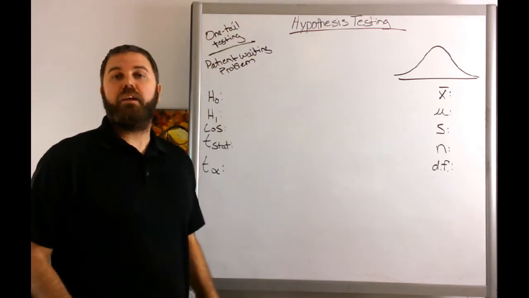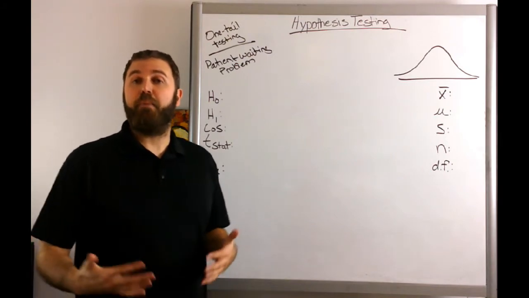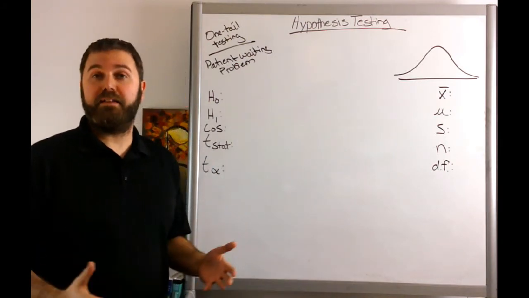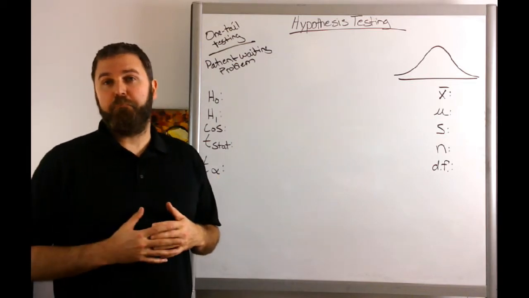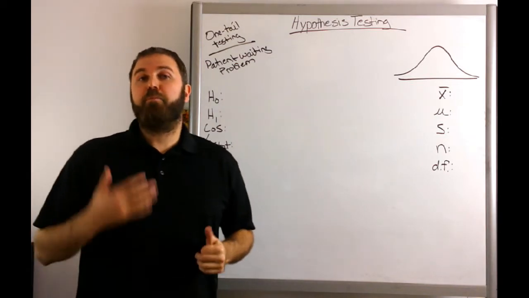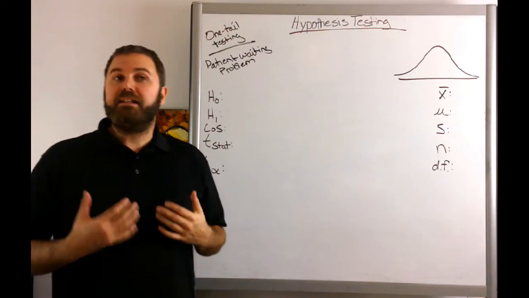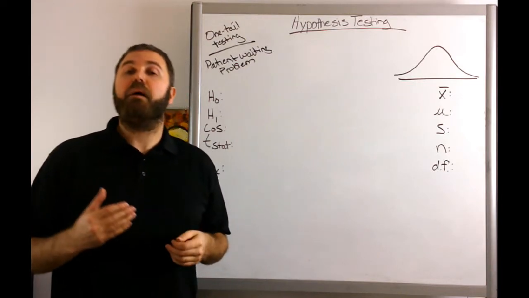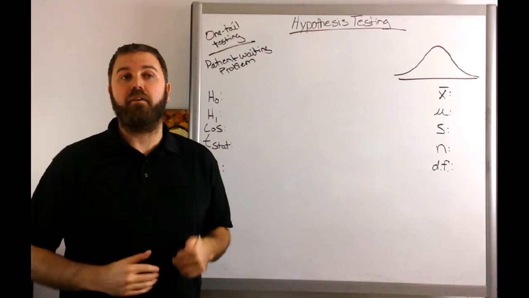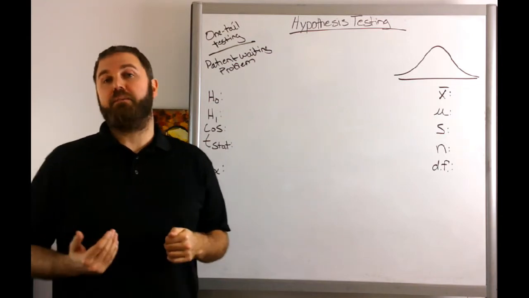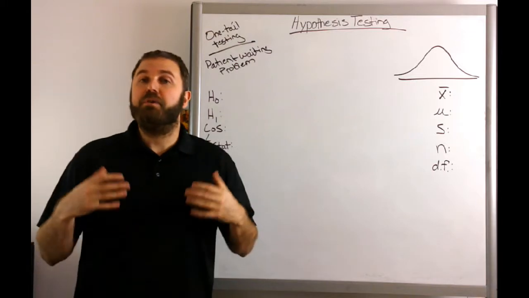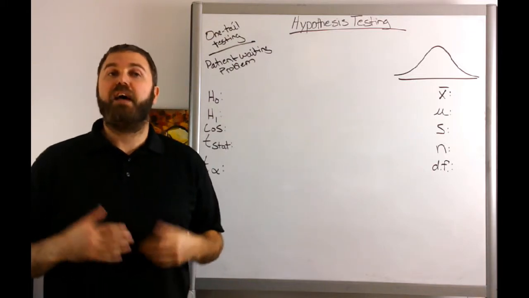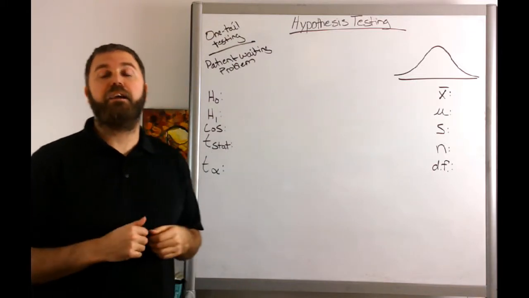Now let's take a look at a problem using hypothesis testing with a one-tailed test. Here we have a patient waiting problem. One acceptable standard of practice is that waiting times for a patient to be seen by the first healthcare provider should be less than 30 minutes. A study was conducted to assess patient waiting times at a primary healthcare clinic.